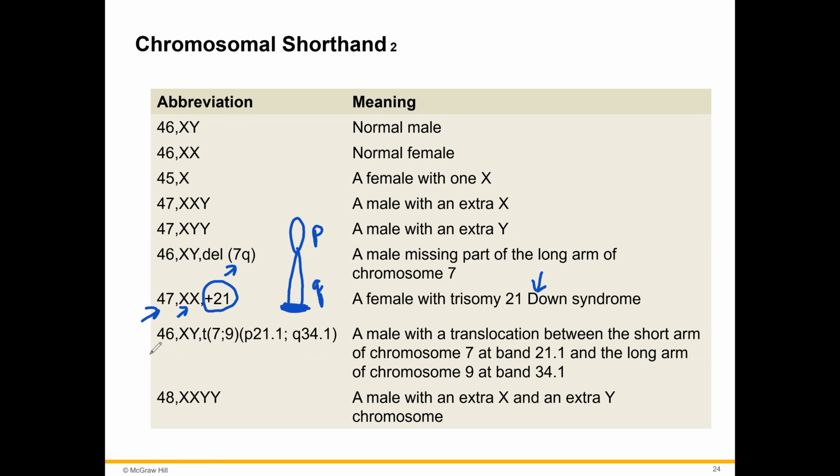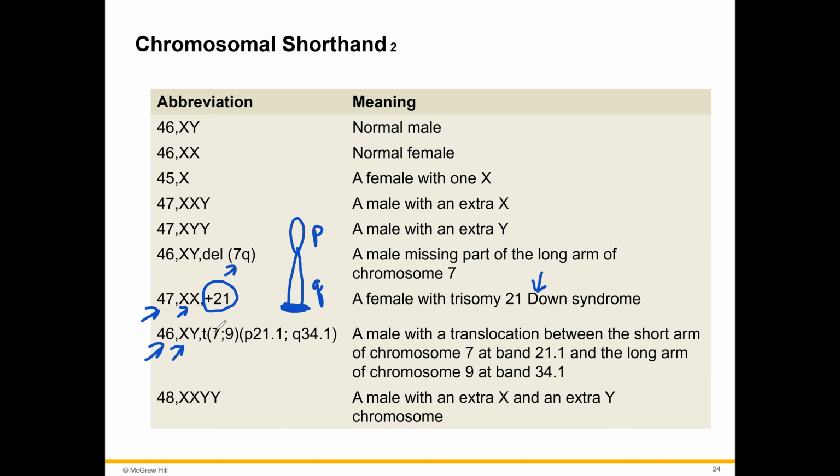Now look at this one, 46, the normal number of chromosomes. It's a male. And now look, T, translocation between chromosome 7 and 9. That means a piece of chromosome 7 was attached to chromosome 9 and a piece of chromosome 9 attached to chromosome 7.